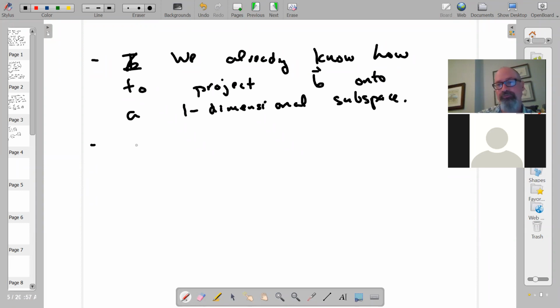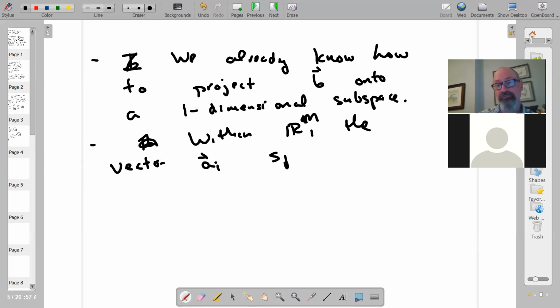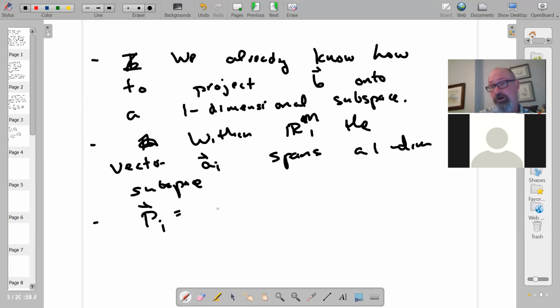So I'll write the projection. The vector is within R4, or I guess I should say Rm. The vector A sub I for each I spans a one-dimensional subspace, spans a line. And so I'll call the projection P sub I just because I'm specializing it. The projection of B onto that one-dimensional subspace looks a bit like this.